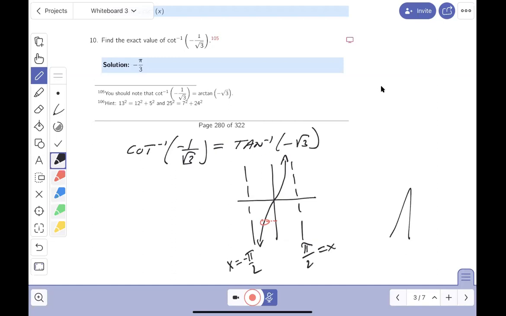Root 3, 1. That would be 60 degrees, right? So what's the angle? Minus 60 degrees. All right, let's write down a radian measure, which would be minus pi over 3. Okay, that looks good.